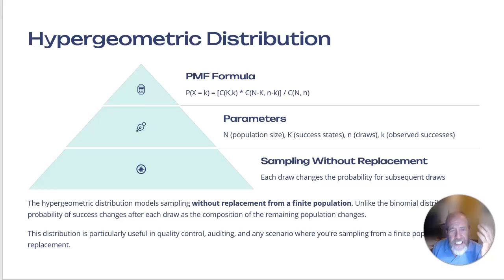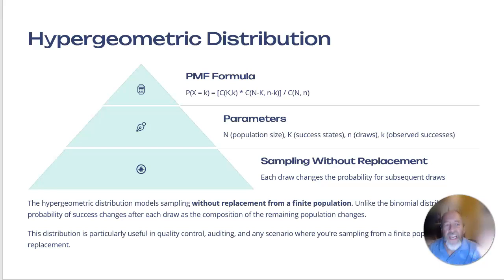What does that actually mean? Here's a really good example. If you have a deck of cards and you pull a card out, and you don't put that card back in the deck, the next card that you pull out is affected by the fact that you pulled out a card before. You haven't replaced it, and the population is finite. Therefore, it fits the hypergeometric distribution.